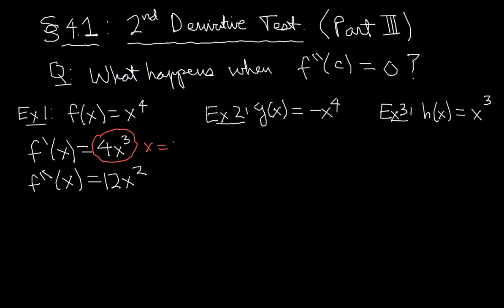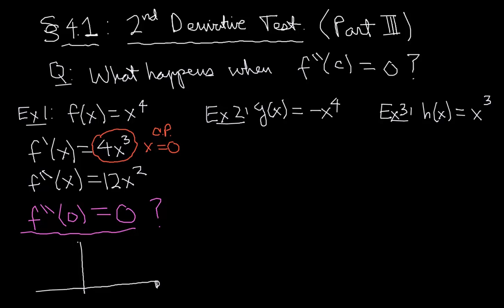That's our critical value, our CP, or critical point. But now observe that when you plug 0 into the second derivative, you actually get 0. So what's happening there? Well, let's draw the picture.